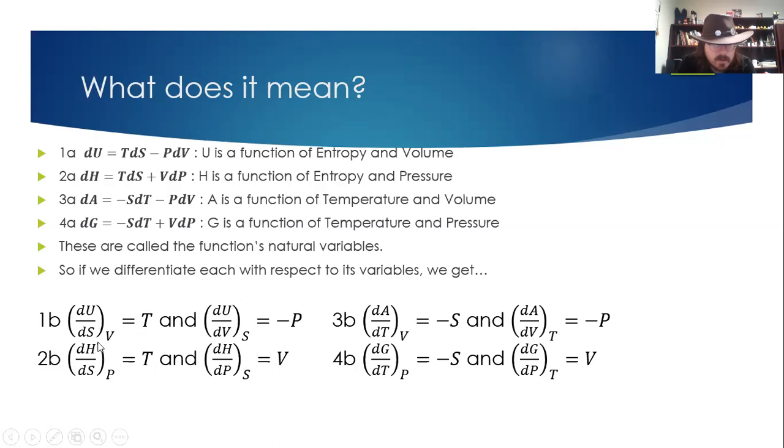Same thing with enthalpy, so you get positive V when changing pressure. Looking at how Helmholtz changes with temperature at a constant volume, you get negative entropy. How does Helmholtz change with volume at constant temperature? You get negative pressure. So you see some similarities between 3 and 4 and 1 and 3, or 2 and 4.